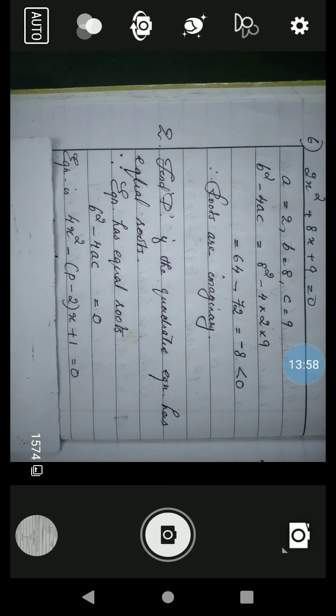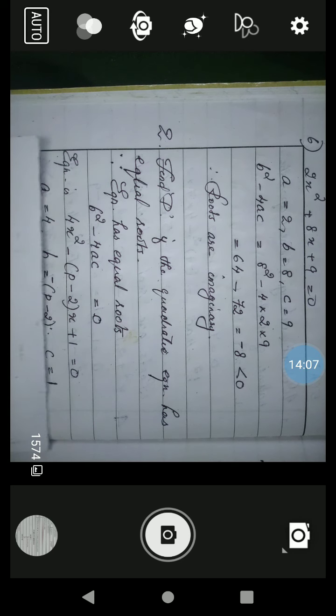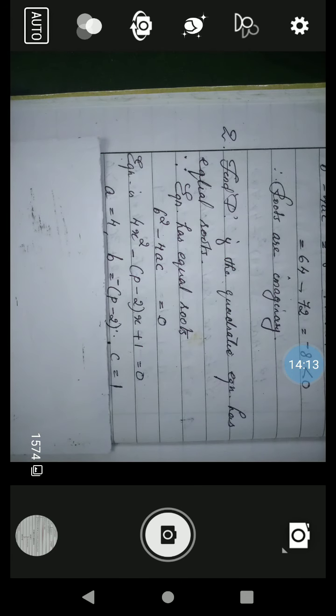Therefore, we can find b square minus 4ac. We know that the equation has equal roots. Therefore, b square minus 4ac is equal to 0.